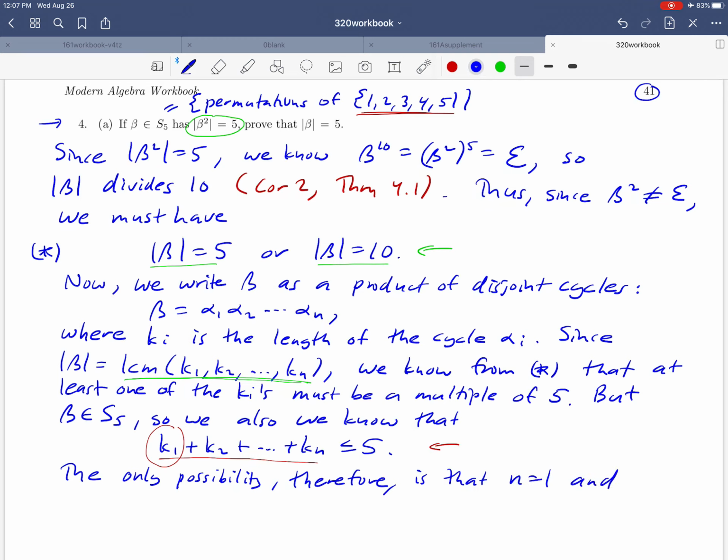That's saying that there's only one number on our list, and k1 equals 5. But what is that really saying? That's just saying that we've got n equals 1 cycle and its length has to be 5. So we've just proven that this element beta has to be a 5 cycle. Just a single 5 cycle. And if it's a 5 cycle, we know that its order has to be 5. And that's what we wanted to prove.